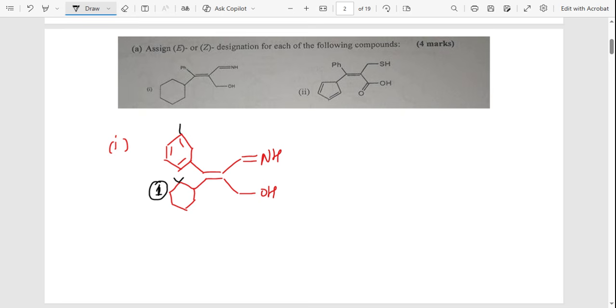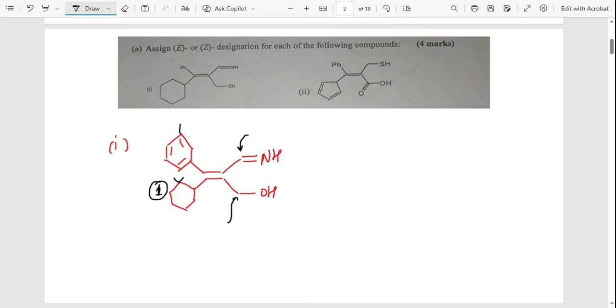And then the next one, you look at this, you have got a nitrogen and an oxygen. Again, look at which one is going to have higher priority. You have got the amine, so because you have a carbon here, and on that carbon there is a nitrogen attached. And then you also have a carbon here, and on that carbon there is an oxygen attached. So which one is going to win in that case?